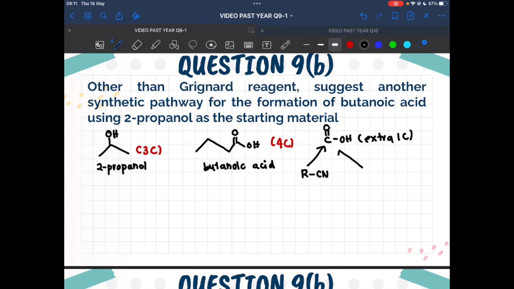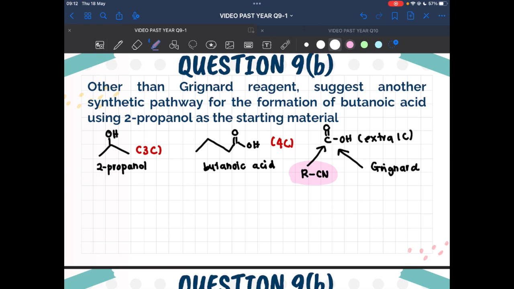Lagi satu, kita boleh gunakan Grignard reagent. Tapi dalam soalan ni dia dah cakap kita kena guna selain Grignard reagent. So kita punya option tinggal satu lah, kita kena hasilkan dulu nitrile compound ni, barulah kita boleh hasilkan butanoic acid. Okay, itu benda pertama yang kita kena tengok lah.